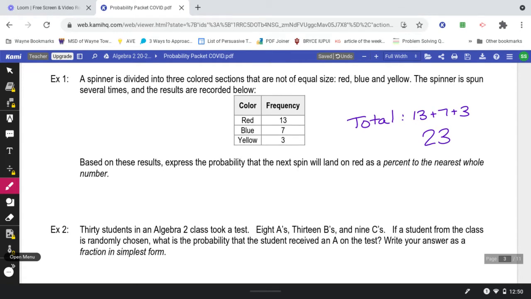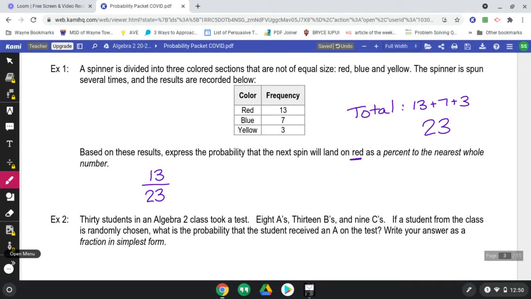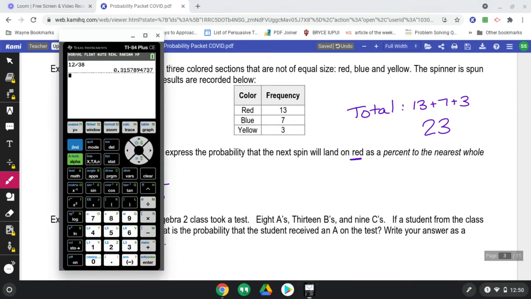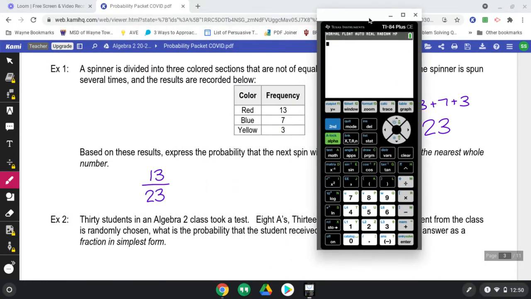Based on these results, express the probability that the next spin will land on red, and then they want you to express that answer as a percent to the nearest whole number. So how many spins were red? 13. Out of how many total? 23. And then we take our calculator, and we'll do 13 divided by 23.